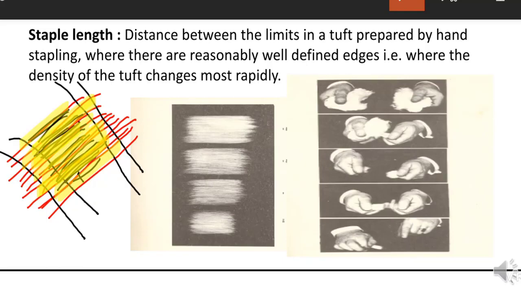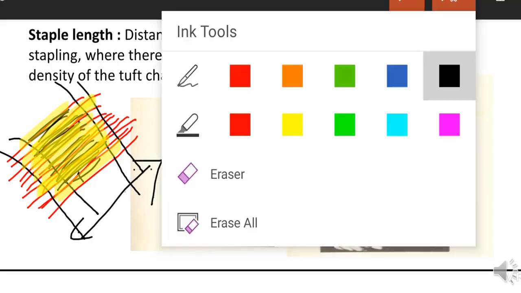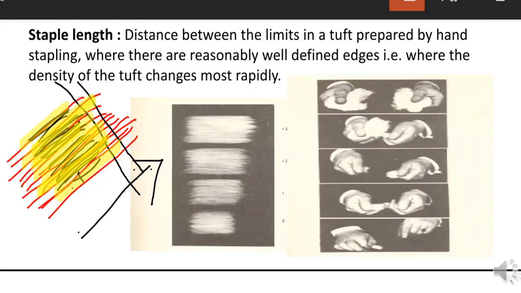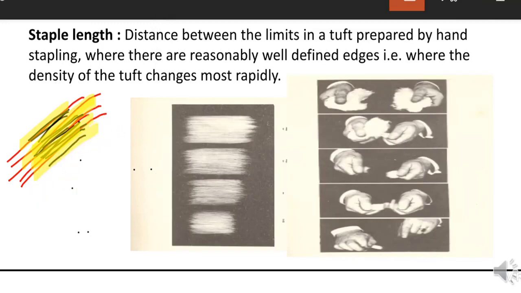And we are going to measure the distance between almost these two points where there is a sudden reduction in the number of fibers, which is visible. So this distance is technically called the staple length of the fiber. Is this clear? All of you, is this clear? Okay, fine.